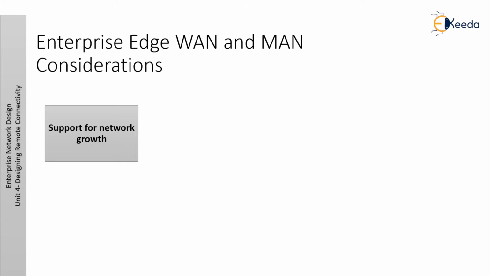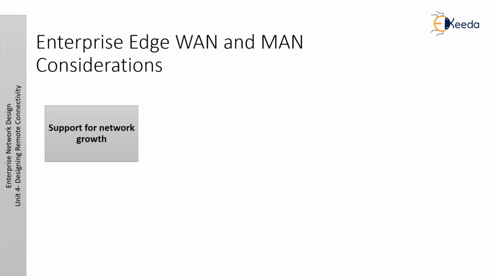WAN technologies with high support for network growth make it possible to add new branches or remote offices with minimal configuration changes to the existing sites, thus minimizing the cost and IT staff requirement for such changes. Technologies with lower support for network growth require significantly more time, effort, and cost to expand the network.